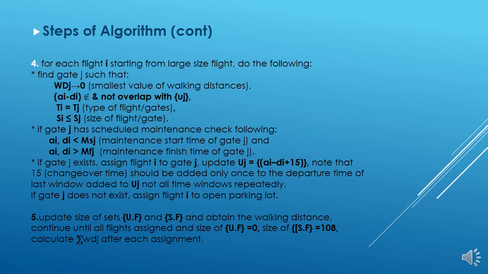This 15 minutes should be added once only to the departure time. So we don't have to add this changeover time every time we update the set. It's only when we update the set for the first utilized window that we add this 15 minutes, and we do not add it when we add another time window.